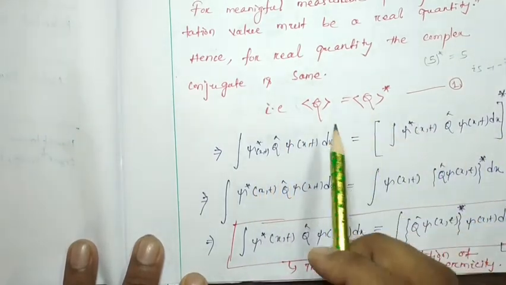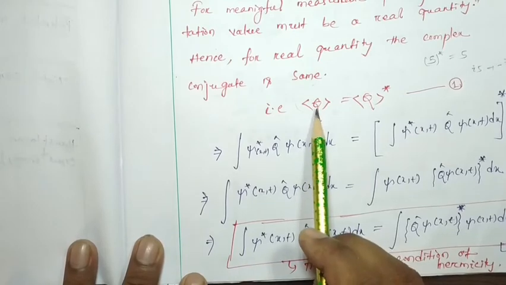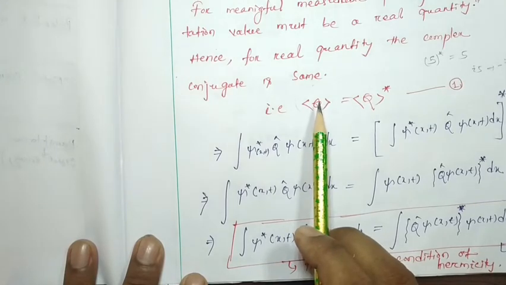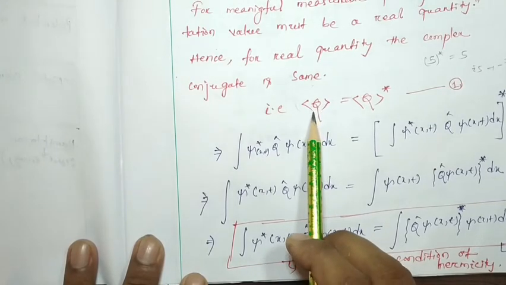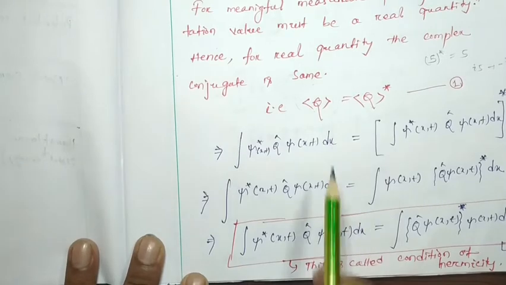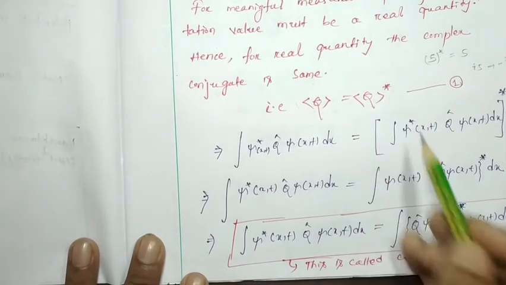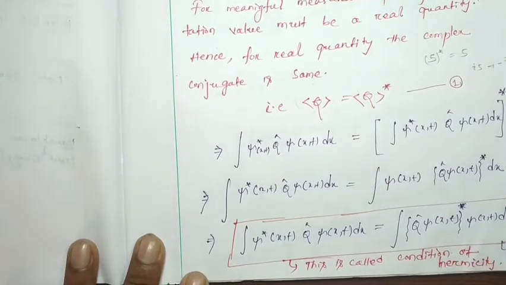That means the expectation value of the operator will give a real value. So this is the condition of Hermiticity, and from this we got this one, which is also a condition of Hermiticity. Both equation number 1 and equation number 2 are the conditions of Hermiticity.